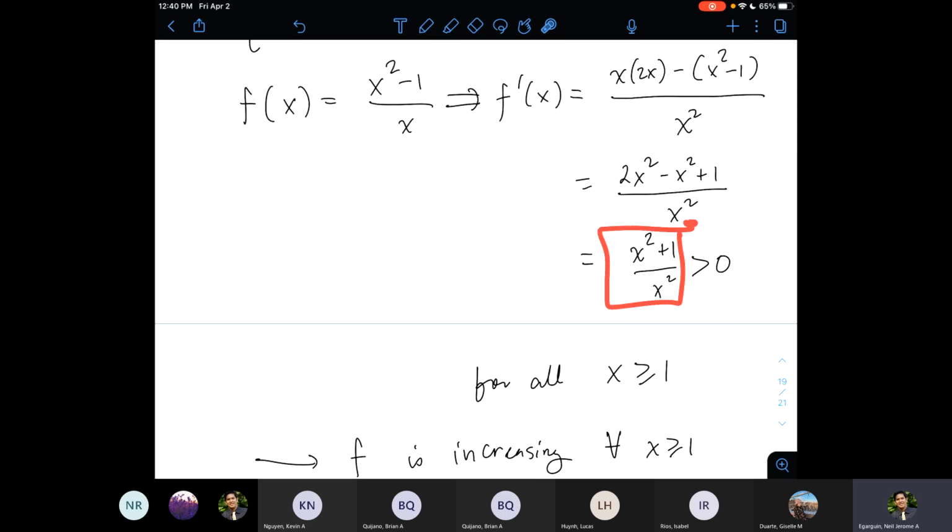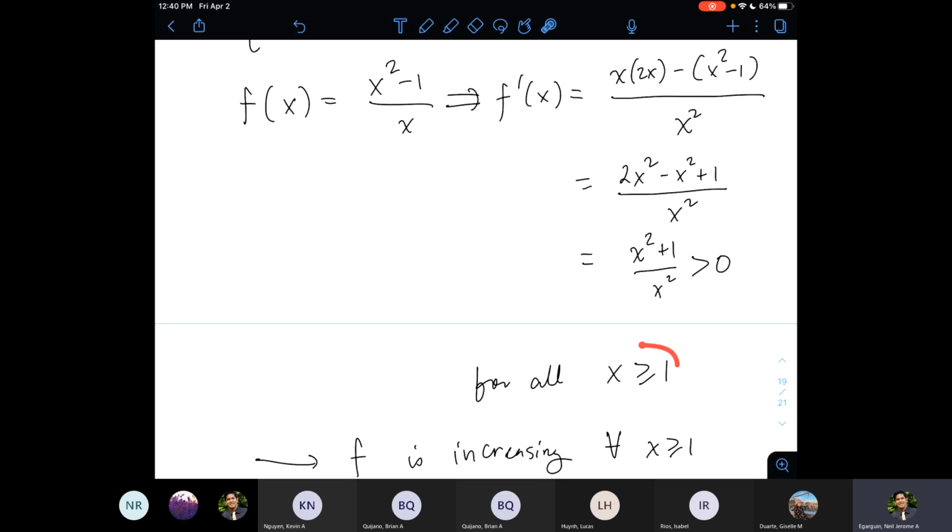That's the derivative. And whatever x value I plug into f prime, the denominator is positive because it's x squared. And then the numerator is also positive because x squared plus 1 is always positive. Positive divided by positive, so I get a positive number. So the derivative f prime is always positive for any value of x. In particular, it will always be positive for all x's greater than or equal to 1.